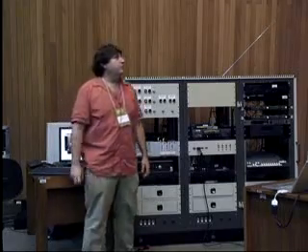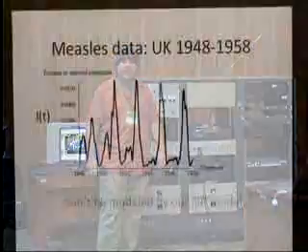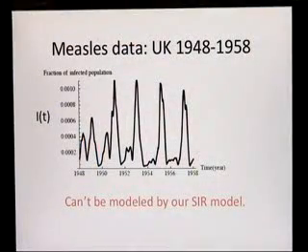Okay, so here is some measles data from the UK from 1948 to 1958. This is before vaccination for measles. And this is the time series. This is aggregate data over several, I think, 8 big cities. And does it look like the limit as t goes to infinity of I of t exists?